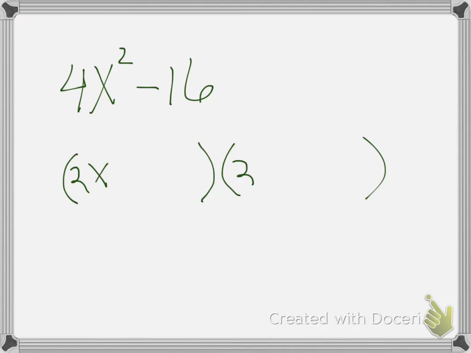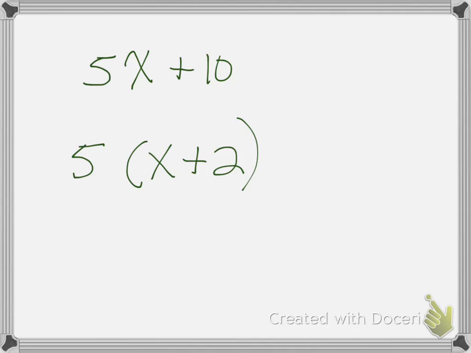X squared is x times x. Now because this is a minus, I have to have two different signs down here. Otherwise, when I multiply them together, I'm never going to get a negative constant. All right. Now, 16 then is 4 and 4. Plus 4, minus 4. And that's factored.